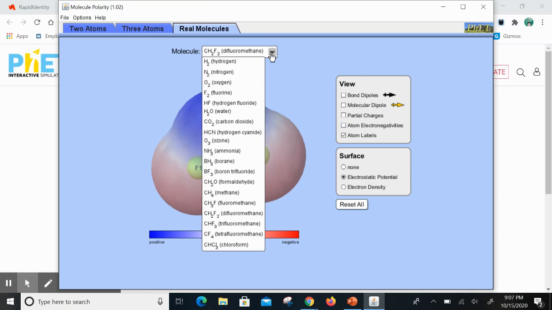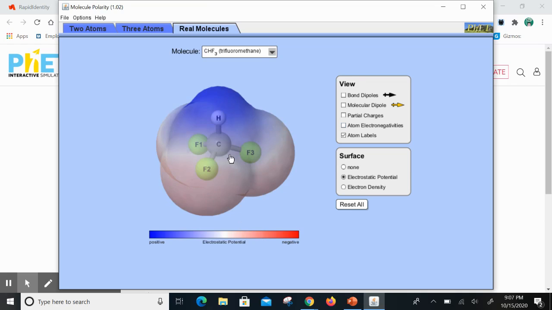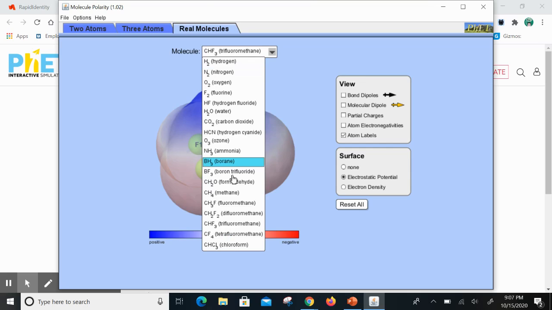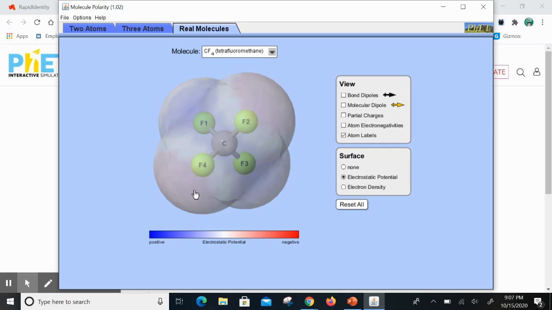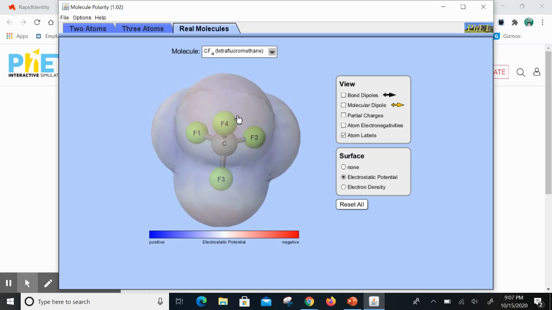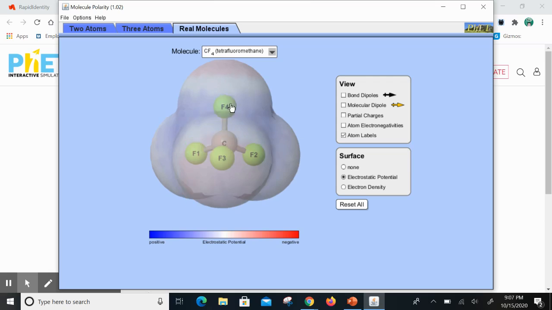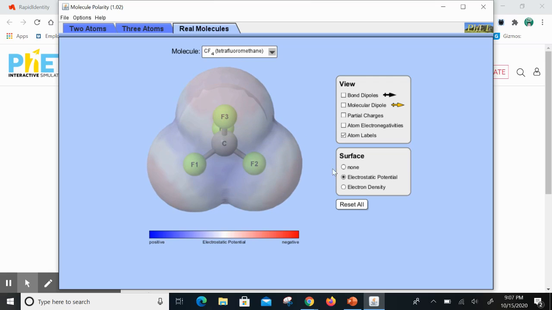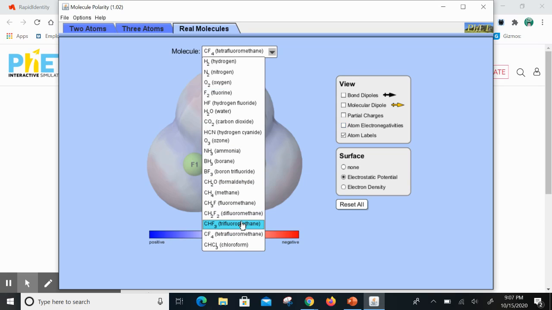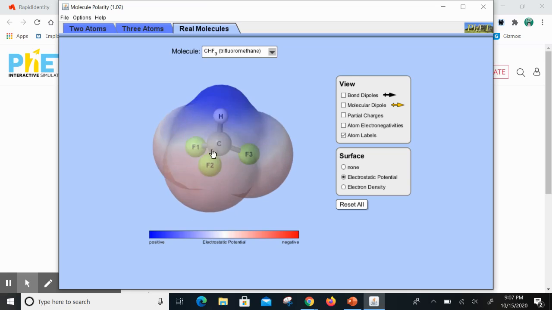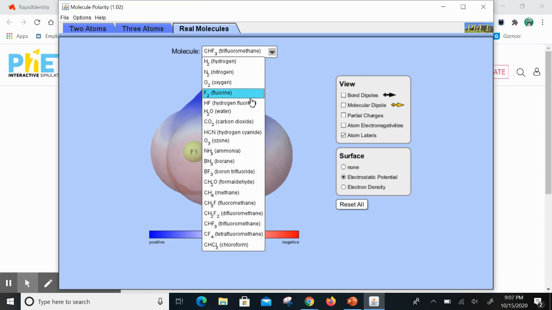If we had all fluorines, now that inner area is positive, but nothing can access it because of the symmetry. So if we had just one hydrogen, that's enough to make a positive side and a negative side so they can stack like Legos.